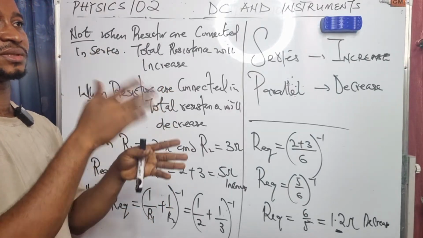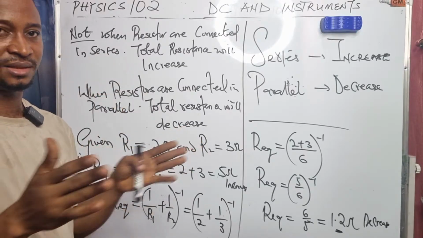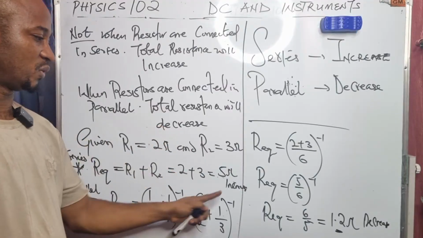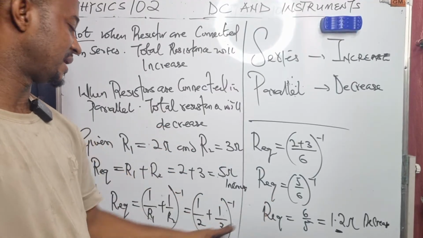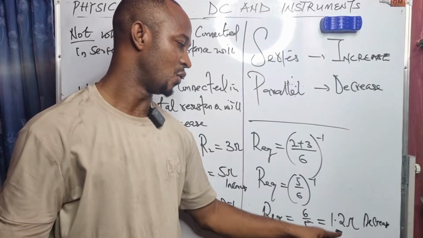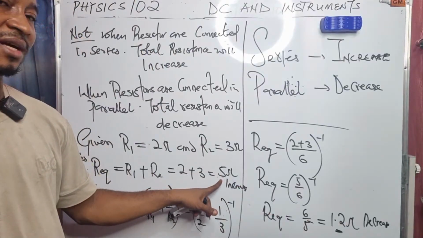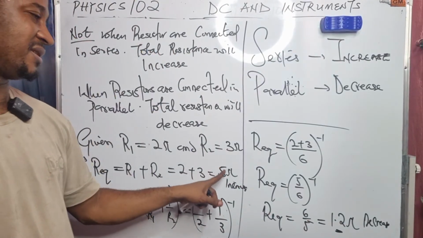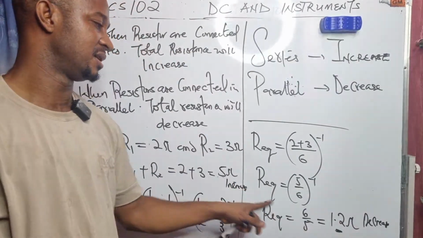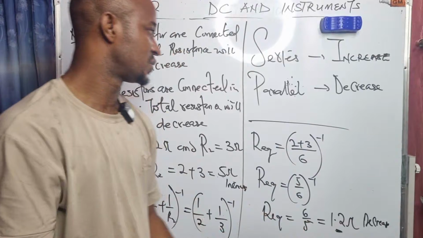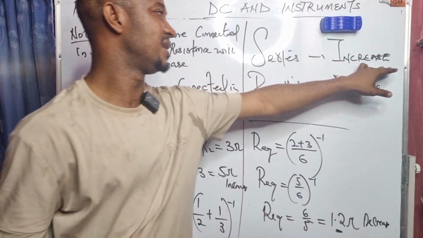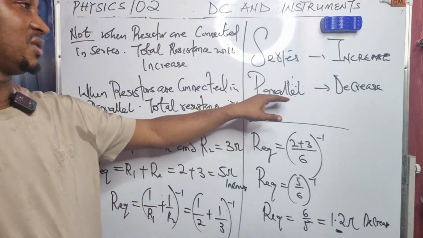If I have two resistors, R1, R2 in series, end to end, it will definitely increase the resistance like we just saw. If they are connected in parallel, there's a decrease in resistance. 1.2 is lower than 5. 5 is greater than 1.2. So this means an increase in resistance, and this means a decrease in resistance. So note that resistors connected in series lead to an increase in resistance, while in parallel leads to a decrease in resistance.